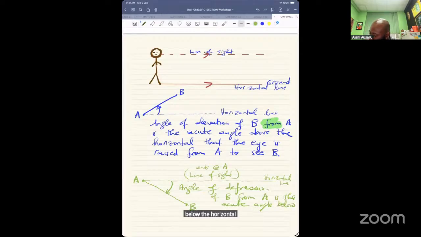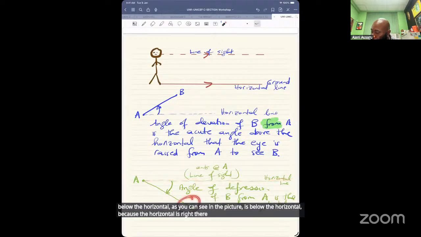As you can see in the picture, it's below the horizontal, because the horizontal is right there and this is below the horizontal. Let me write that. Below the horizontal.